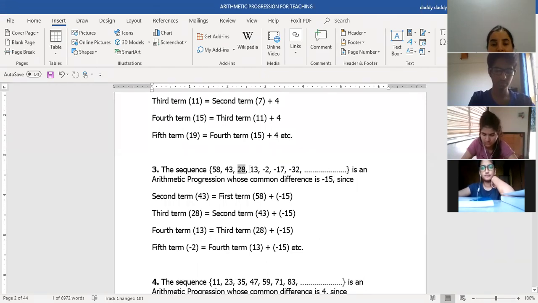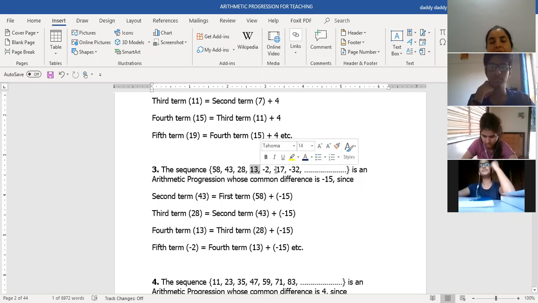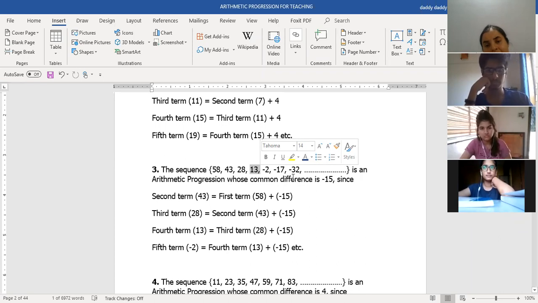You pick up another term 13, you subtract the preceding term, that is 13 minus 28, again you will get minus 15. So pick up any term and subtract the preceding term. It should be succeeding minus preceding and not the other way round. Common difference is always succeeding term minus preceding term.